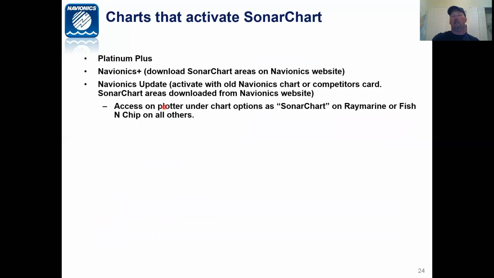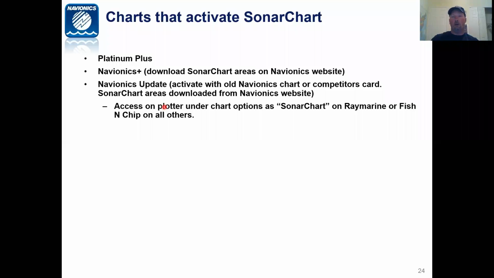One thing I do want to mention is that on that chart, everything you're looking at on the 1 foot is what's called a SonarChart with Navionics. So it's a 1 foot bathymetric, but it's available on Platinum Plus charts, Navionics Plus. You do have to download those areas to the chart though online, and do a Navionics update. Now what that is, if you have an old chart or a competitor's chart, you can buy that card for $99.